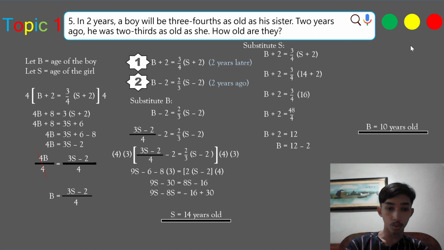Then 4 times 2 is equal to 8, times 3. So we have 9S minus 6 minus 8 times 3 is equal to the quantity 2 times S minus 2, times 4. Then 8 times 3 is equal to 24, plus 6 is equal to 30.